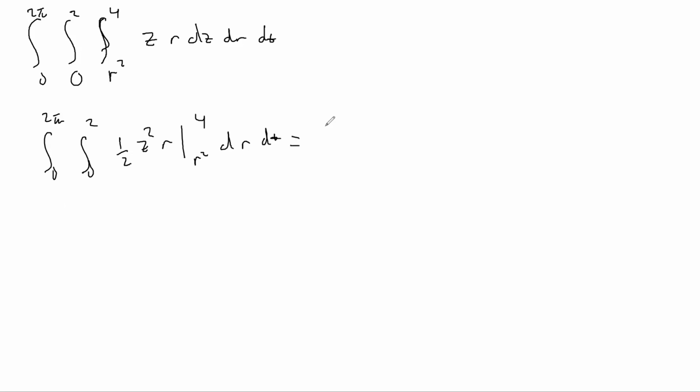Then that is going to equal 0 to 2 pi, 0 to 2, and if you compute this out, we get 8r minus, if you plug in r squared, it'll be half of r to the power of 5. Then we have dr d theta.